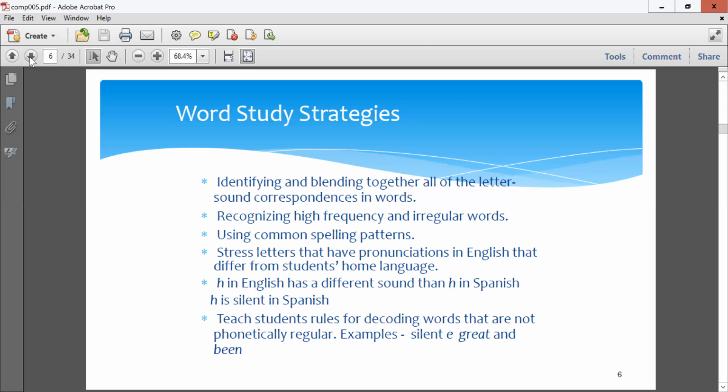And that may take some time for you to understand those, but an example of that would be the letter B in Spanish. B as in boy would have a V sound, like Victor, in Spanish. So when a student mispronounces a word in English, that could be the reason why.